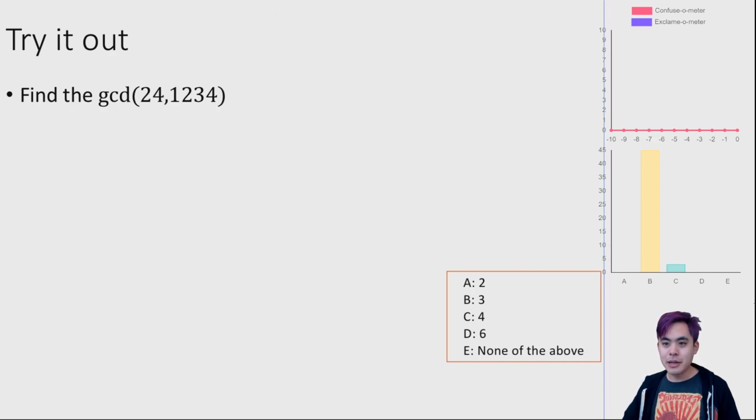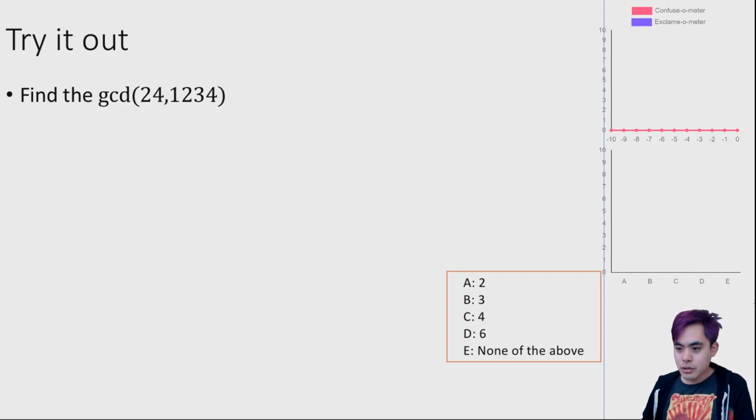So what's the greatest common divisor of 24 and 1,234? So I am running out of time, so let me go ahead and start working this one out with y'all.